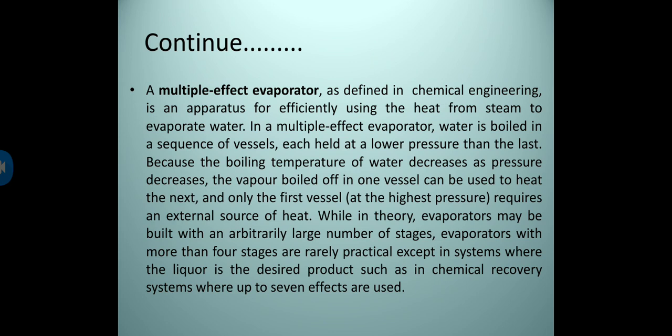The vapor boiled off in one vessel can be used to heat the next, and only the first vessel at the highest pressure requires an external source of heat. While in theory evaporators may be built with an arbitrarily large number of stages, evaporators with more than 4 stages are rarely practical except in systems where the liquor is the desired product, such as chemical recovery systems where up to 7 effects are used.